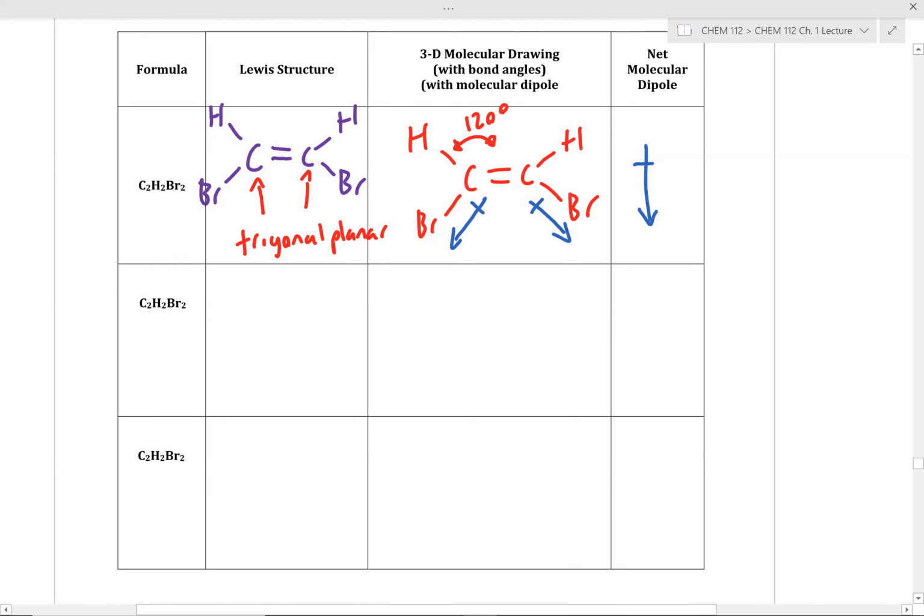And you'll see one of these two structures that you draw is completely nonpolar. So try first drawing out two isomers, one constitutional, one stereoisomer, and try to assess if there is a non-polar isomer for this compound.